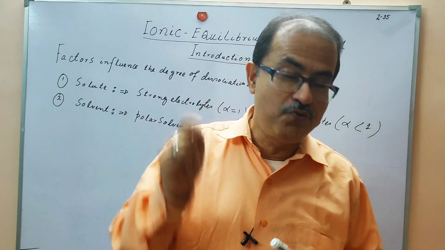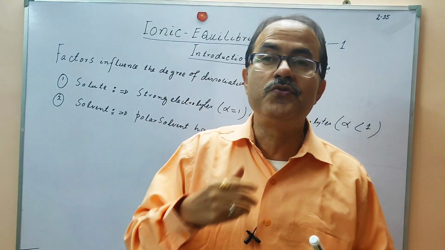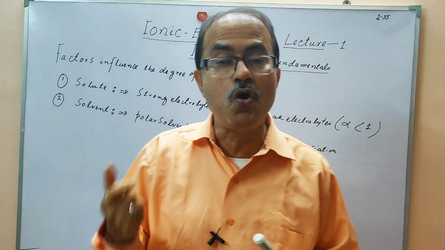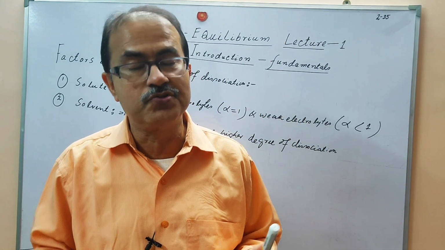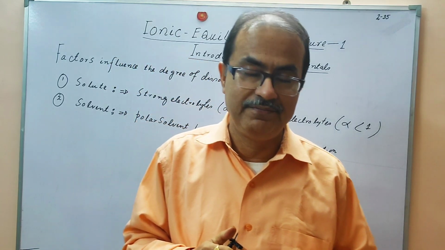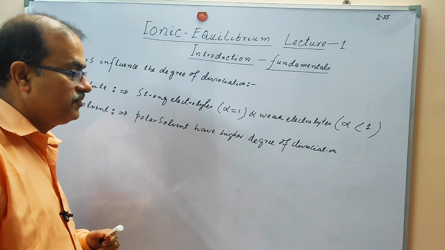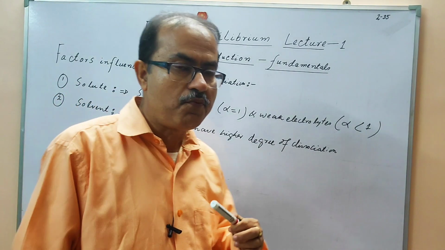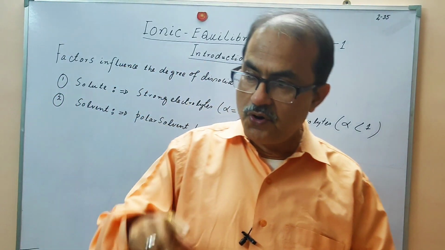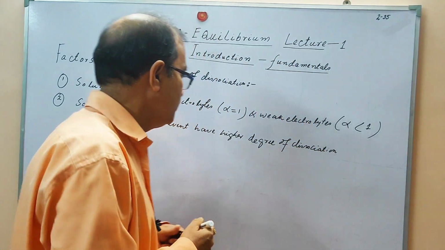But if we put acetic acid in NH3 solution, it will act as a strong electrolyte, and its degree of dissociation will be higher. So the degree of dissociation depends on the solvent. A polar solvent gives a higher degree of dissociation. Okay.